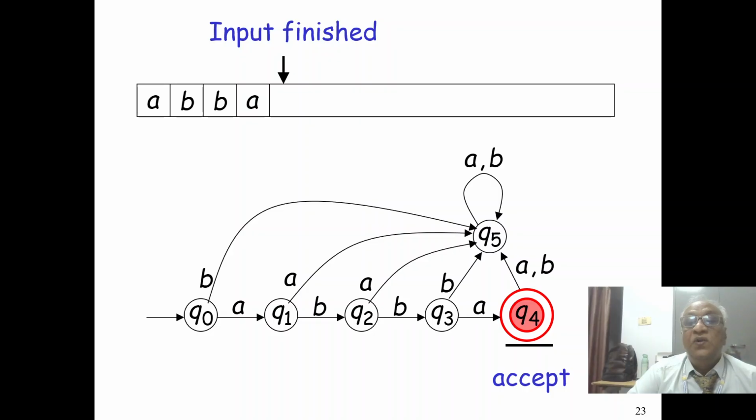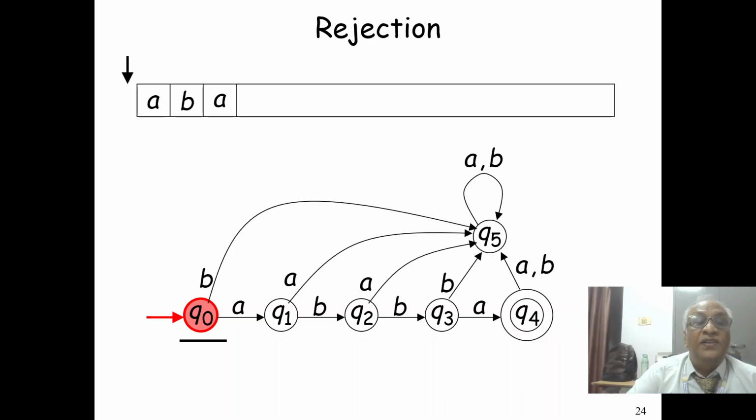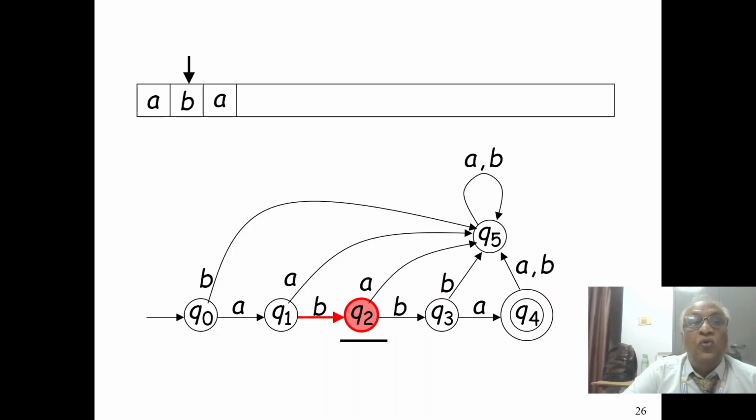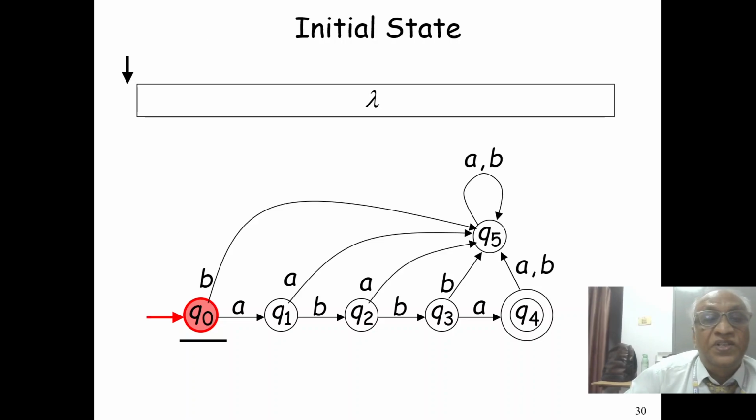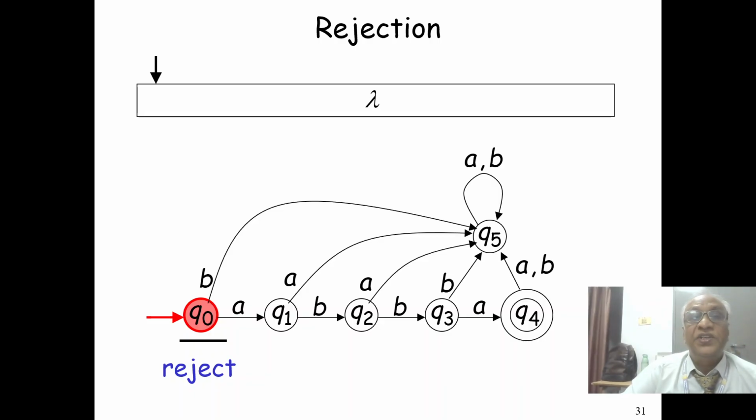Input is finished, so the language is accepted. Similarly, take this case: A will go to Q1, B will go to Q2, A will go to Q5, but Q5 is not an accepting state, so this language is rejected. Similarly, lambda, the empty string, is rejected.